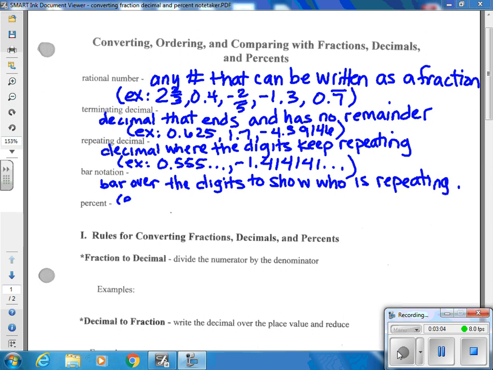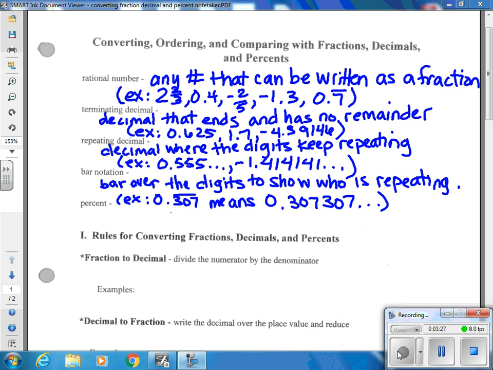So I'm only going to give you one example here. If I have 0.307 and the bar's over the 3, 0, and the 7, that means that you're going to have 0.307307... and it'll keep going, right? If it's only over 2 numbers, then those are the only 2 numbers that keep repeating. If it's only over 1 number, then that's the only number that keeps repeating.